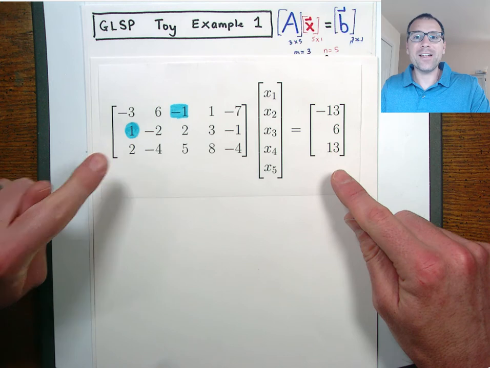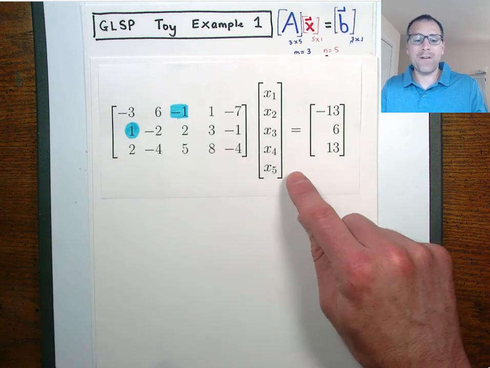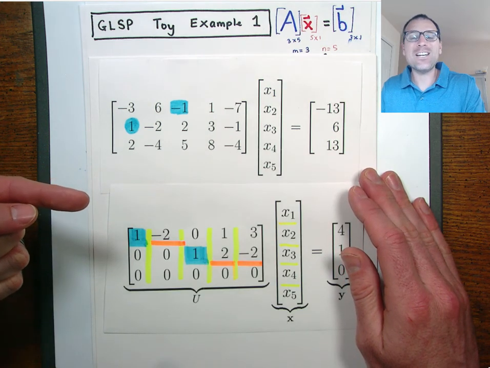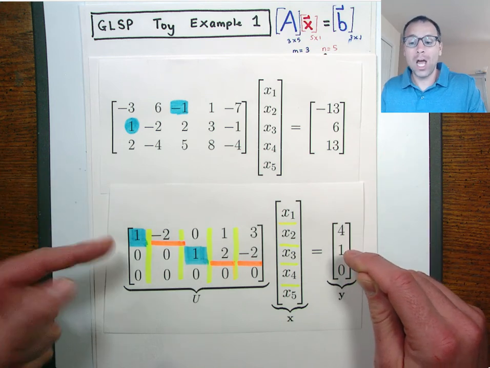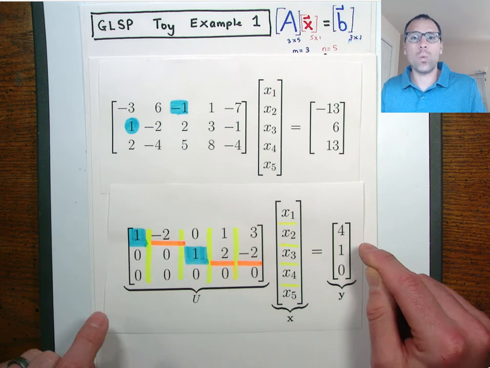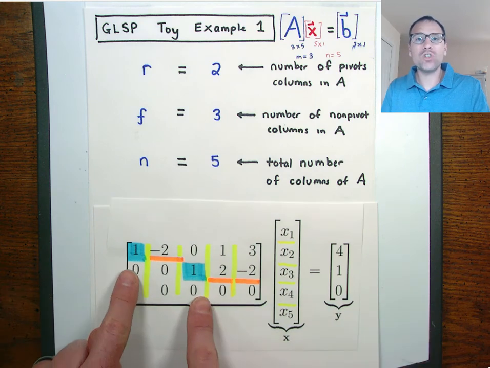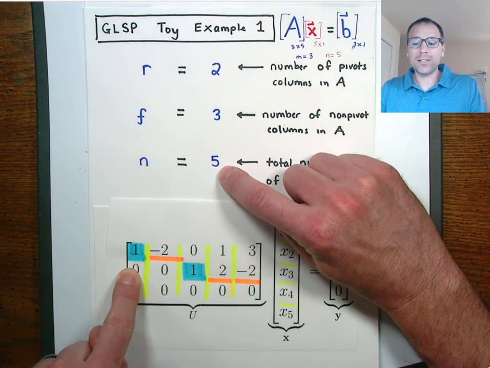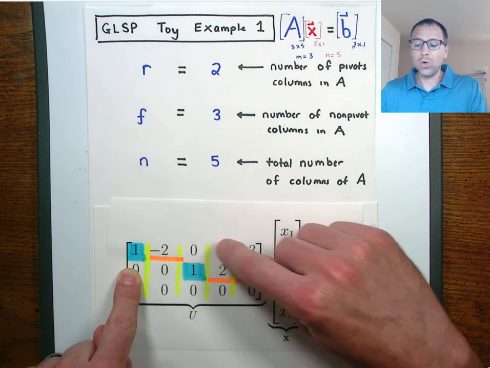Once we had this AX equal B problem with 3 rows and 5 columns, we used multiplication on the left by a sequence of elementary matrices to transform this into special form UX equal to Y. And with that special form RREF matrix, we saw that there were a total of 2 pivot columns. There's a total of 5 columns in that matrix.